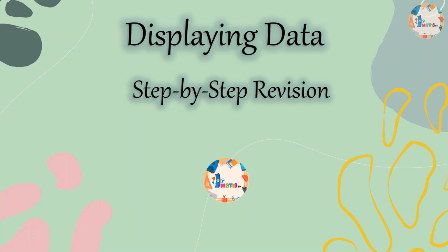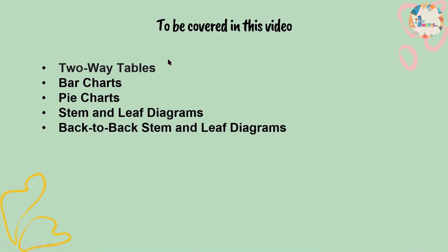Welcome to Maths TV. Today we will be going through step-by-step revision videos, and today's topic is displaying data, which is a very important topic. In this topic we will be going through these five segments. First one is two-way tables, and then bar charts.